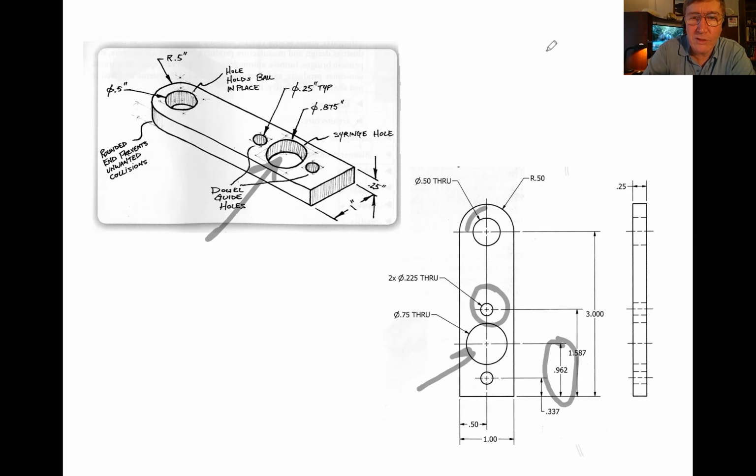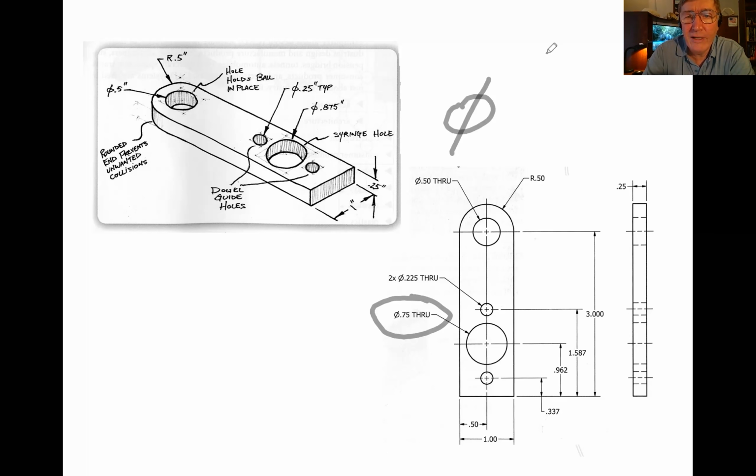And so forth and so on for all the rest of them. Also, this right here, where they do that symbol like this, that's an engineer's way of telling you what the diameter is. That symbol means diameter. So this hole we have right here has a diameter of 0.75 inches.